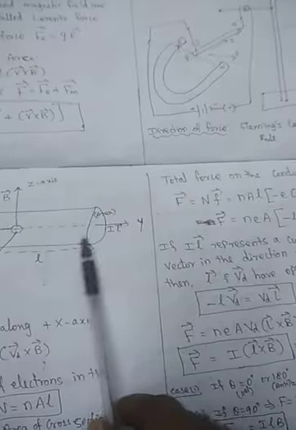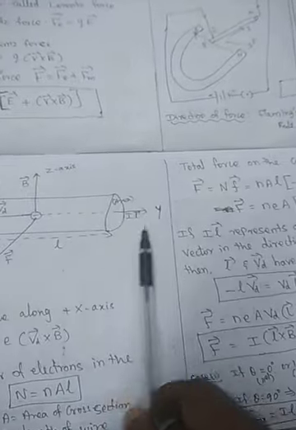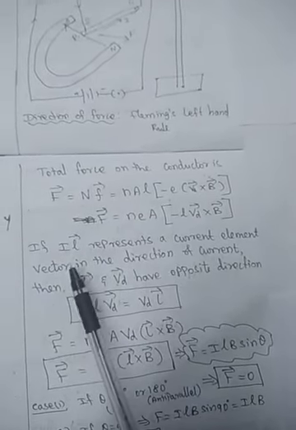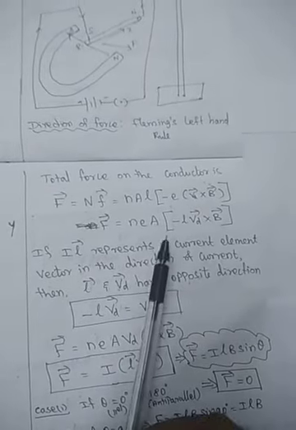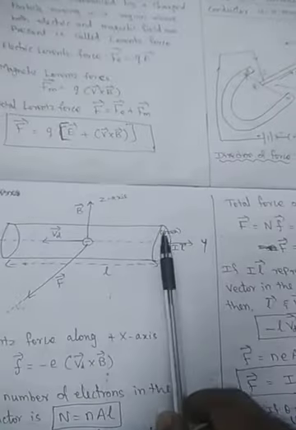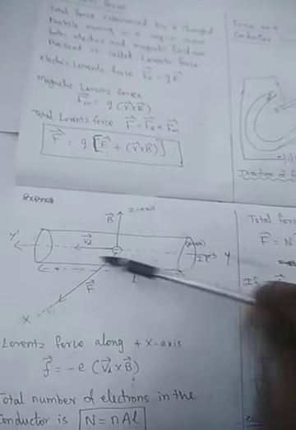Here I L vector is the current element. The I L vector represents the current element in the direction of the current, so the L vector and Vd vector are in opposite directions.